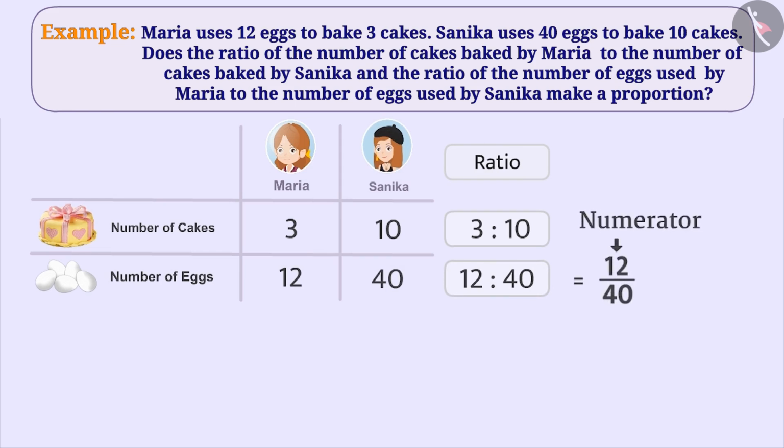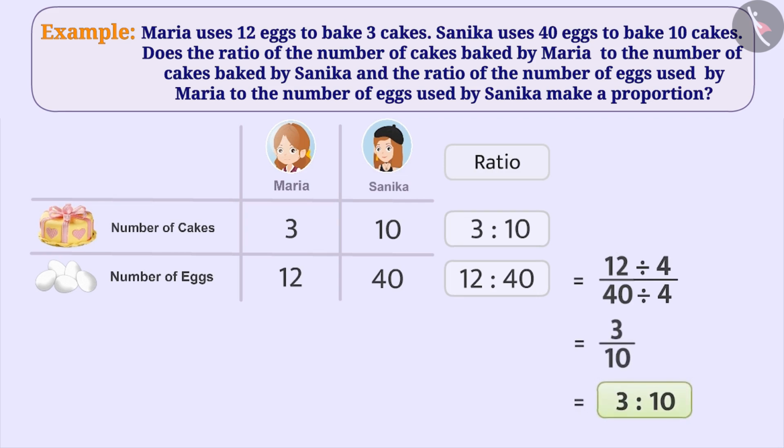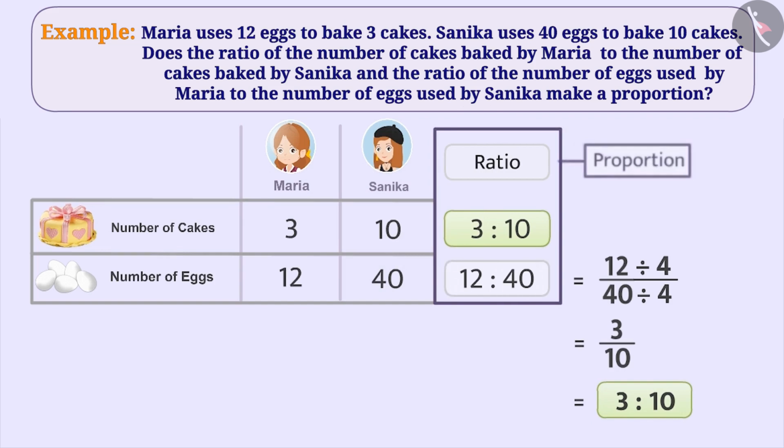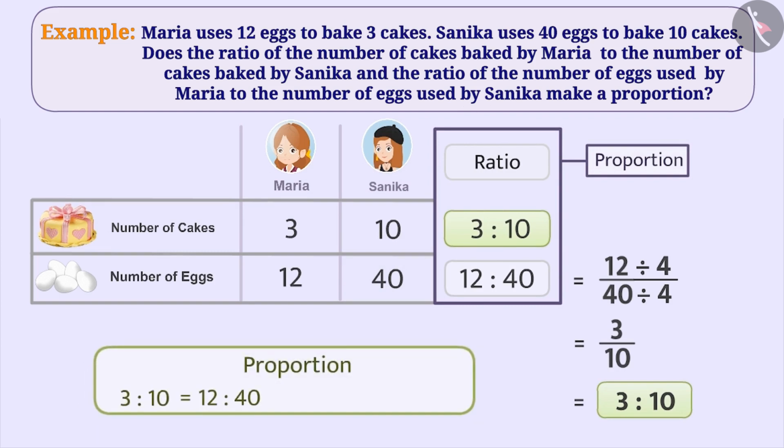If we divide the numerator 12 and the denominator 40 by 4, then we will get the fraction 3 by 10. That is 3:10. As you can see, the ratio of the number of cakes to the number of cakes and the ratio of the number of eggs to the number of eggs is equal. Therefore, 3:10 and 12:40 make a proportion. We can express the proportion either in this way or in this way.